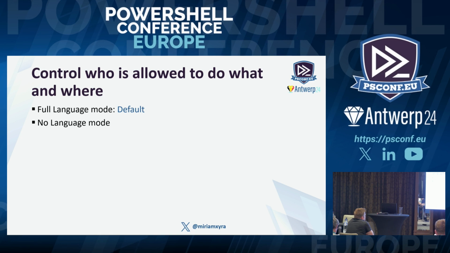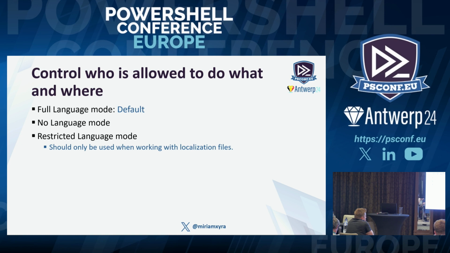So the no language mode is usually for API interaction and allows no scripts, no script elements. We have the restricted language mode, which should only be used when you are working with localization files, which allows you to create multi-language scripts.